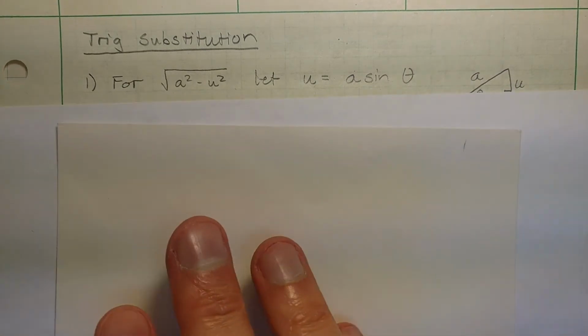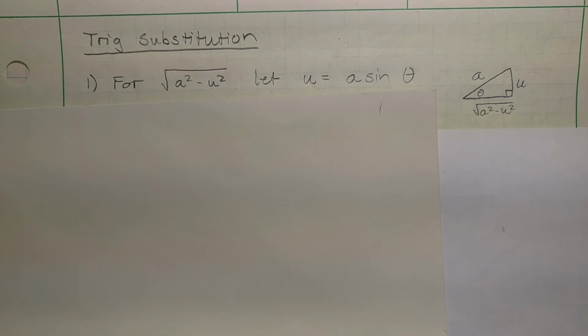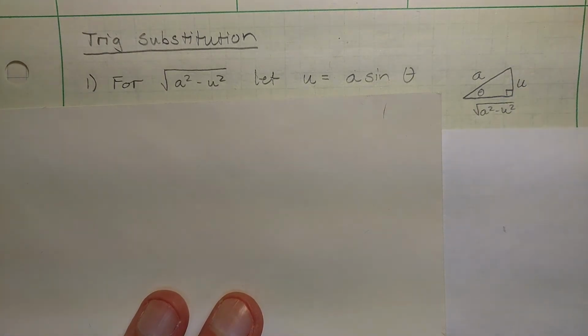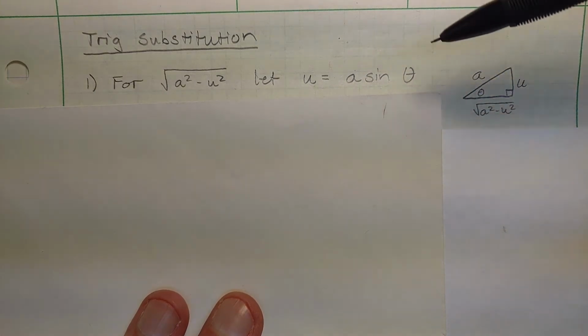And what that does is that creates a right triangle of the following situation. The truth is you're always going to want to draw this triangle. It just helps you throughout the whole problem, you'll see. I'll go over this one in detail, for 2 and 3 I won't go over in such detail.